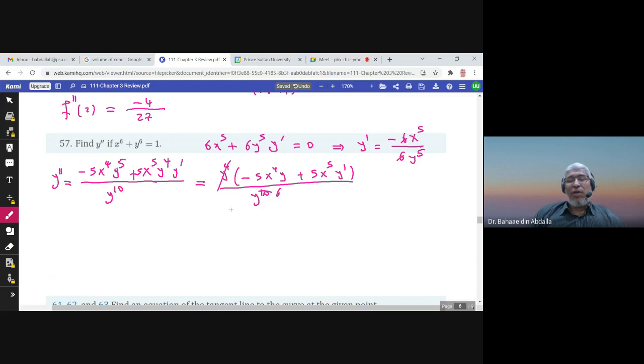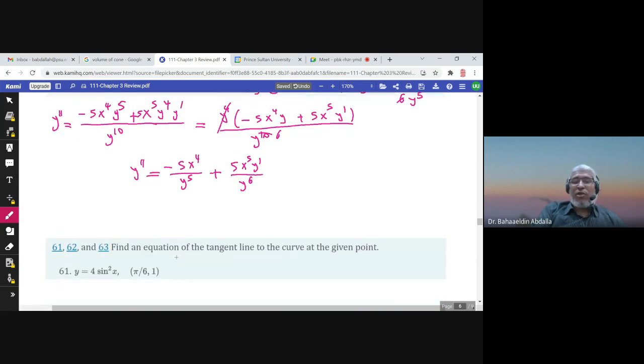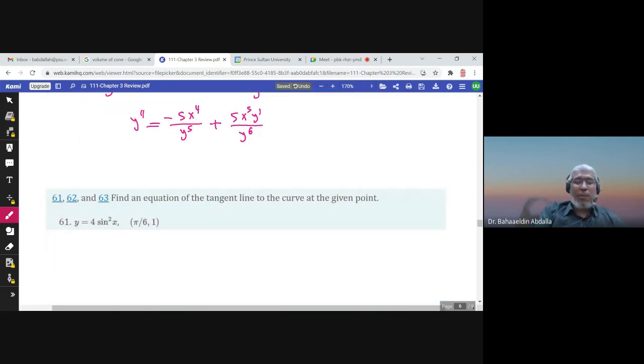If you want, I can write it as negative 5x to the power 4 over y to the power 5, since I have y to the power 6 and y up, plus 5x to the power 5 y prime over y to the power 6. Okay, so I'll stop here. I can write this in many different ways, but I'll stop here. This is y double prime.